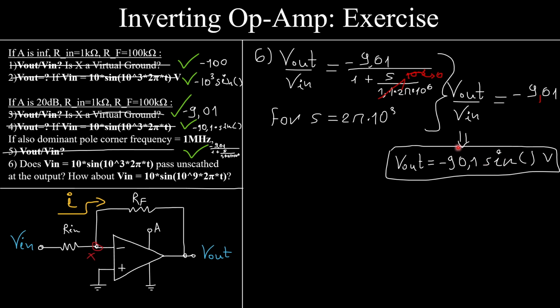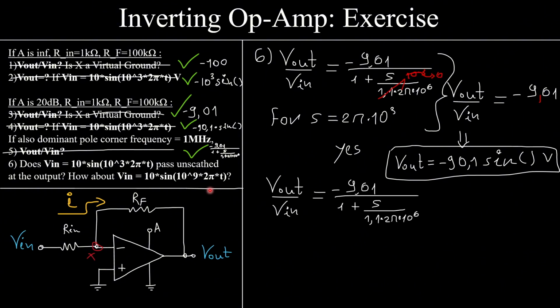I multiply the outputs, this gain with the output, is the same thing as we had before. It's like we don't have this dominant pole over here. It's like we don't have anything. Why? Because the frequency is very small in relation to this frequency. So the signal passes unscathed at the output, I have a signal at the output, as I expect, so everything seems fine.